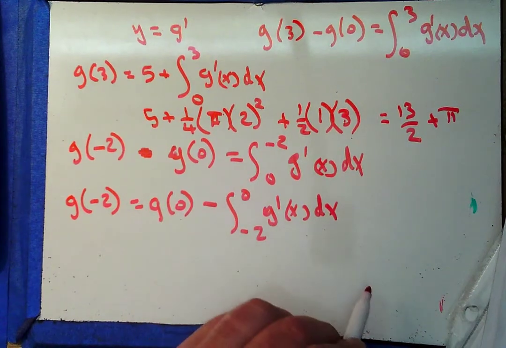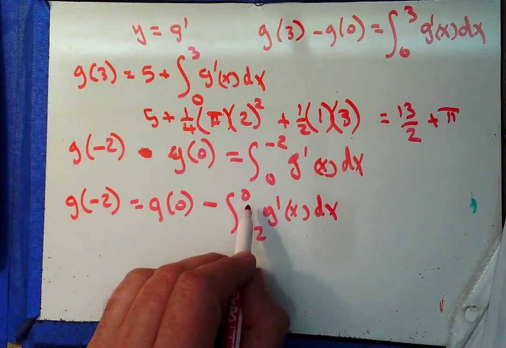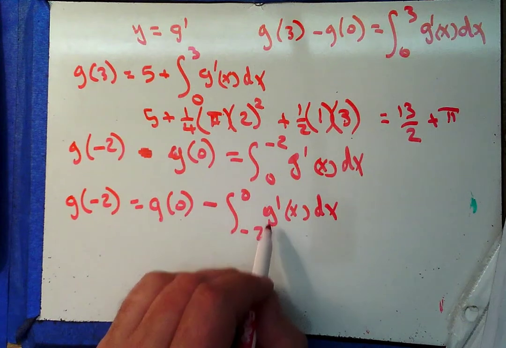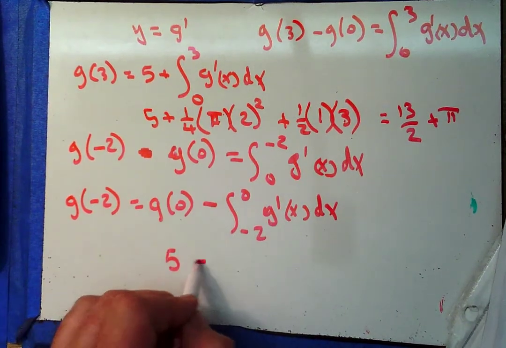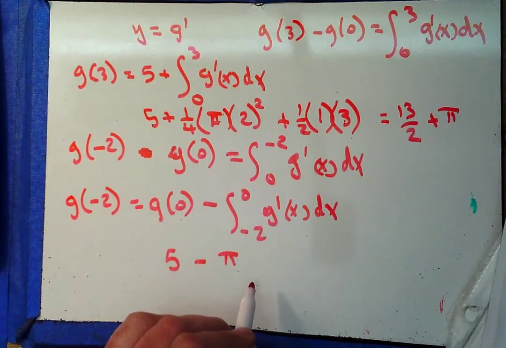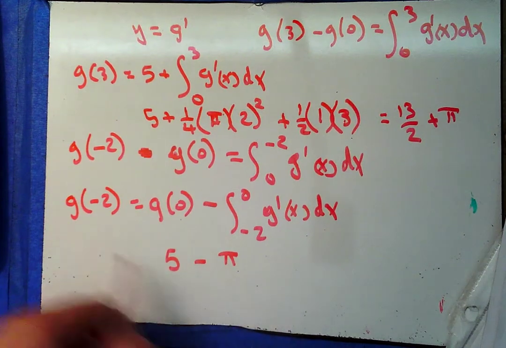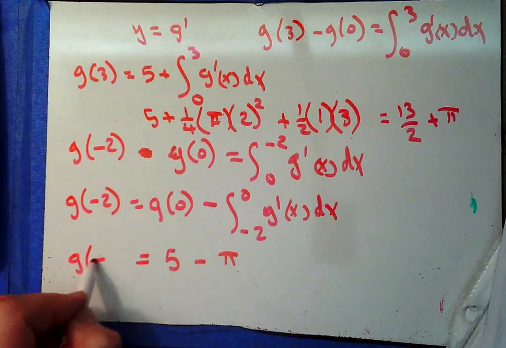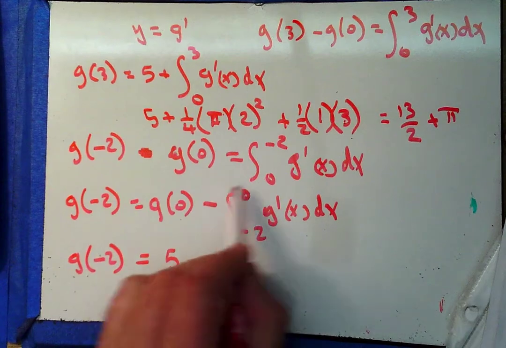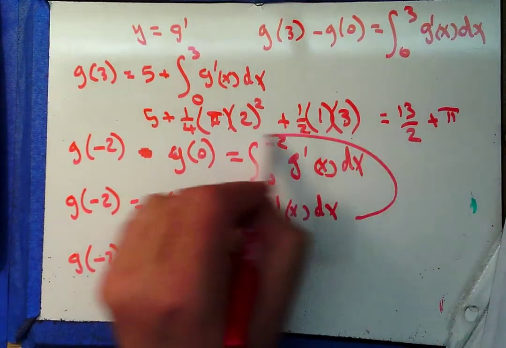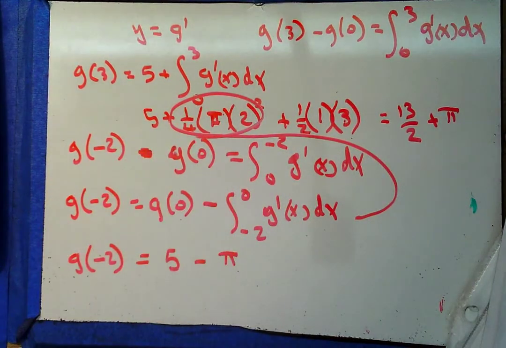Okay, so the integral from negative 2 to 0 is that quarter circle again. So I've got 5 minus pi as my answer for g of negative 2. Remember, this is a quarter circle, and I have the work for the quarter circle there. Okay, so that's part A.